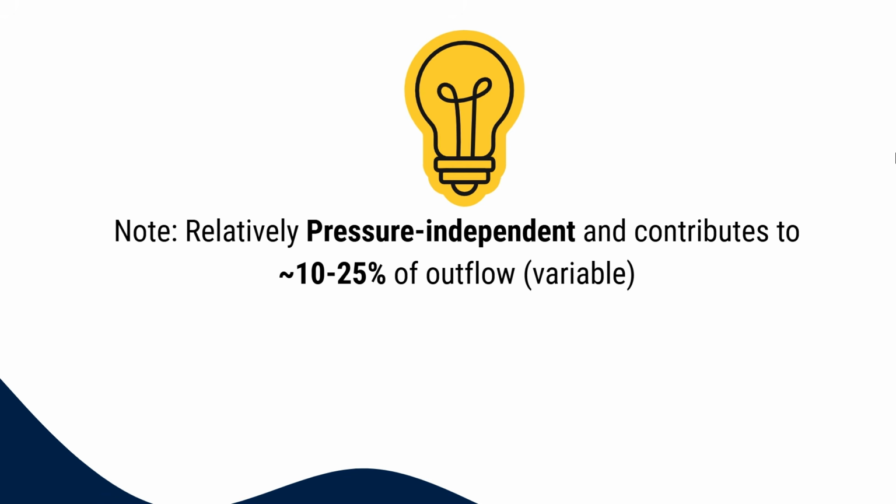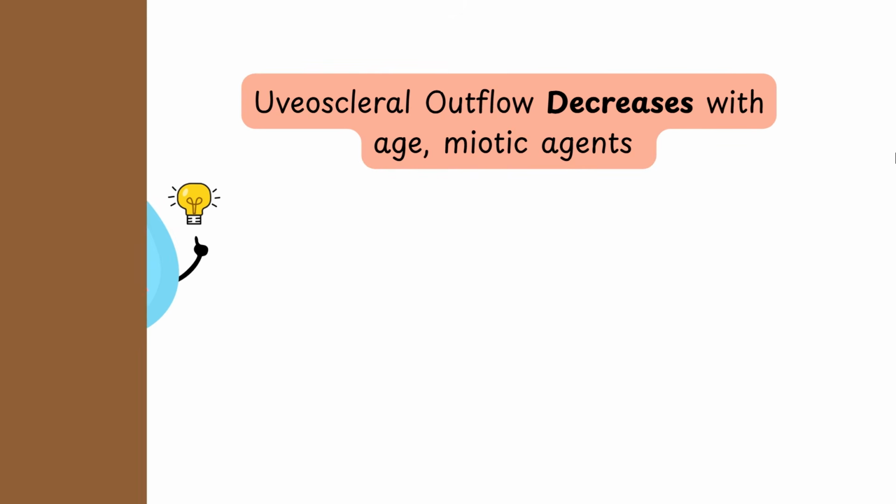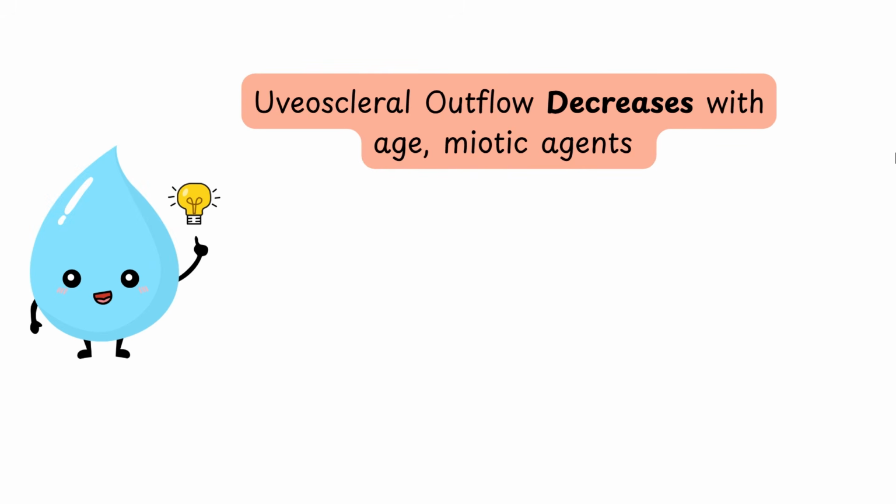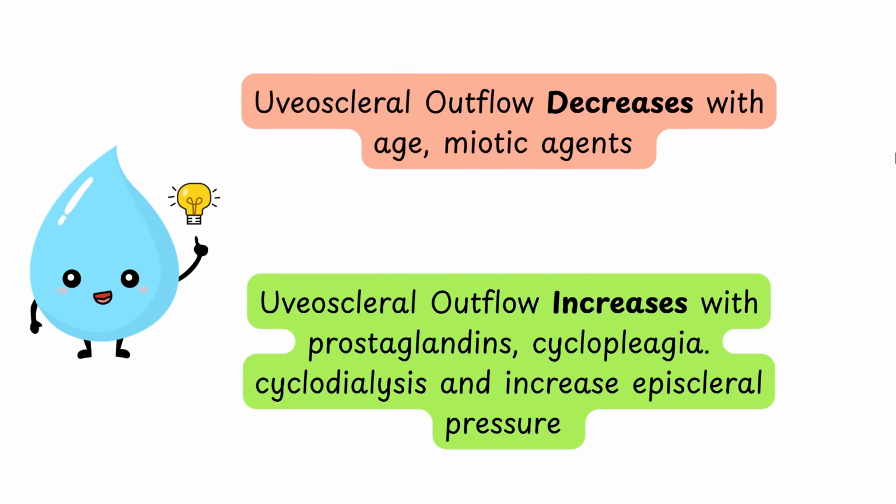It basically means how much a system or an outflow is dependent upon the intraocular pressure. The uveoscleral outflow decreases with age, and this kind of balances the decreased production of aqueous humor with age. Also, miotic agents can decrease the uveoscleral outflow. We'll talk about this in a while.